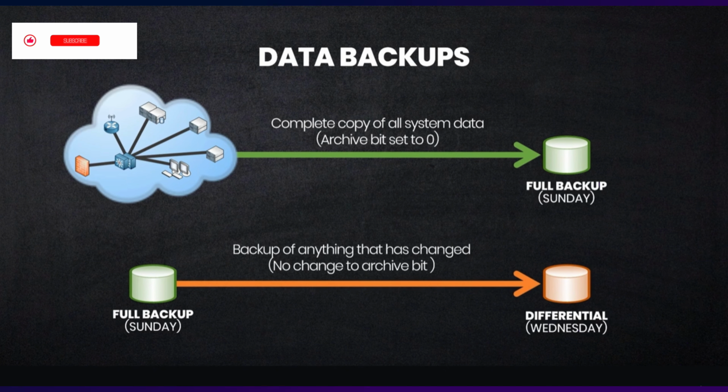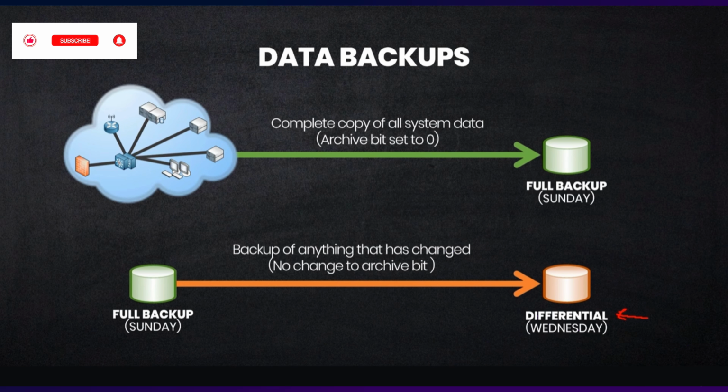When data is created or modified, the metadata will change, so the backup utility will compare either the backup bit or the timestamp to determine if any of the data needs to be copied or backed up. So we have the full backup and the differential.